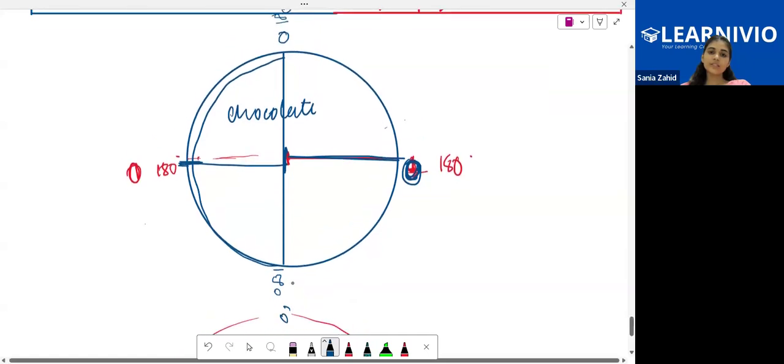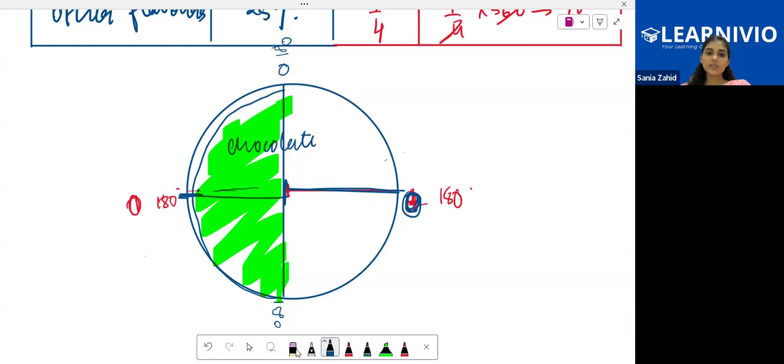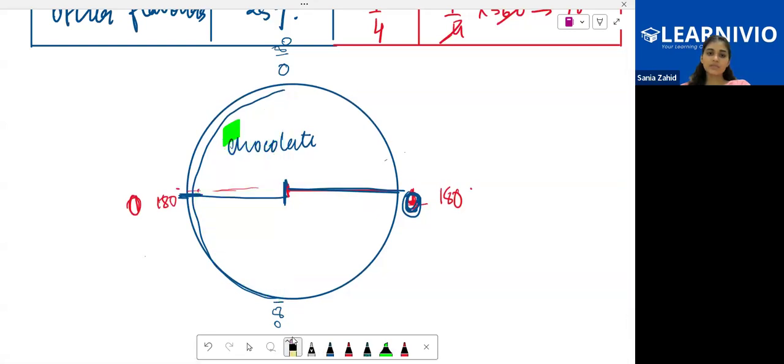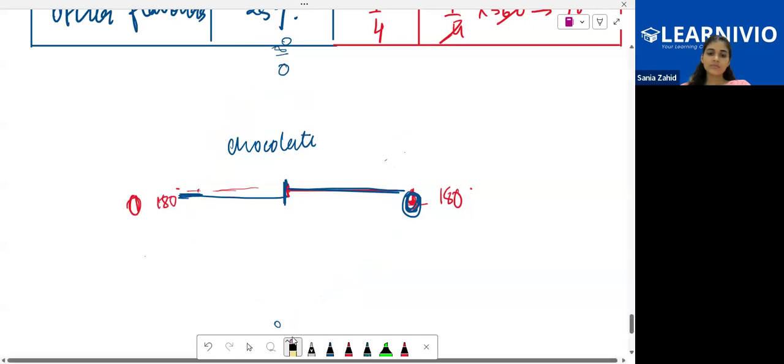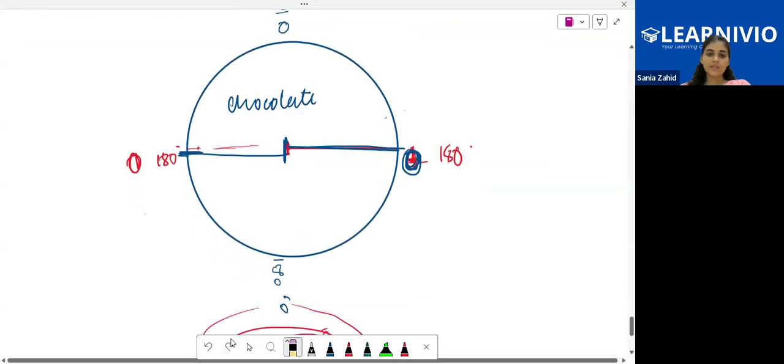Are you getting this? Can you keep your protractor like this? Yes, ma'am. Keep your protractor in this manner. Now, just a minute. No, I'm sorry.